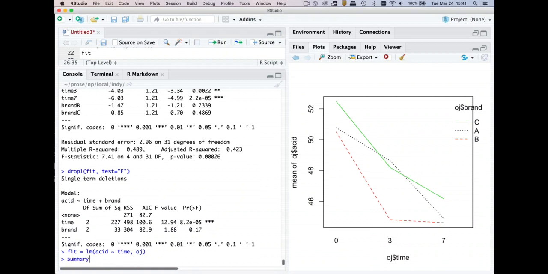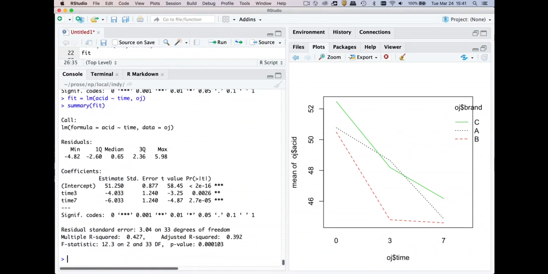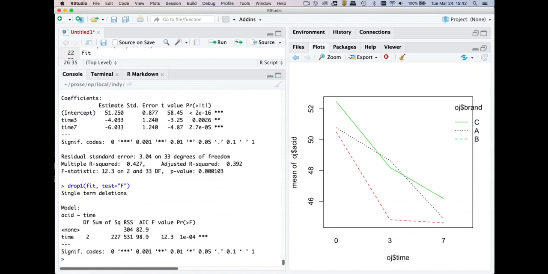And if I do a summary on fit, or if I do a drop 1 on fit, doesn't matter. Notice the p-value here. So this is testing whether at least one of these is non-zero, is 1e to the minus 4th. That should exactly equal this number right here.